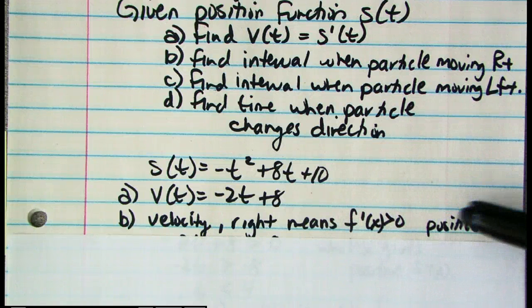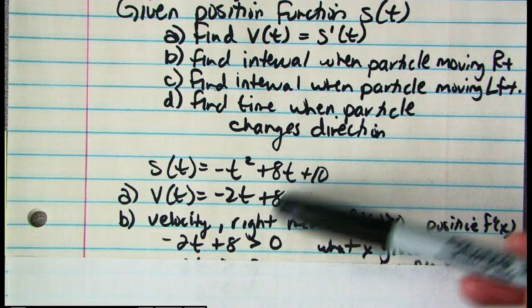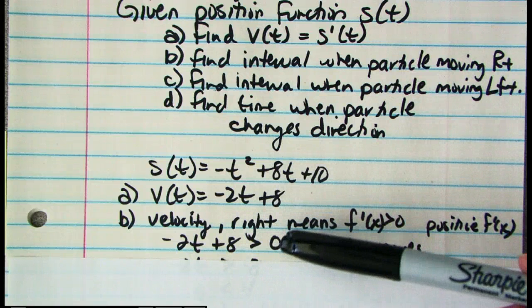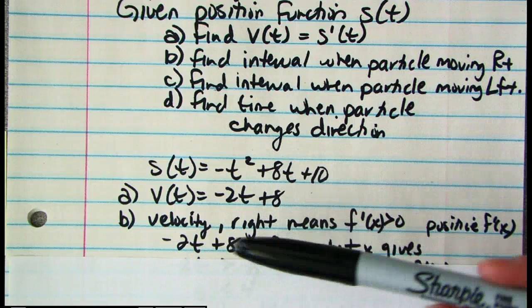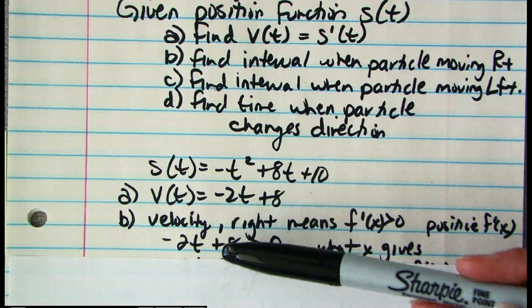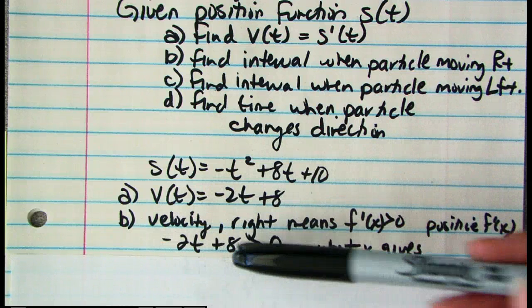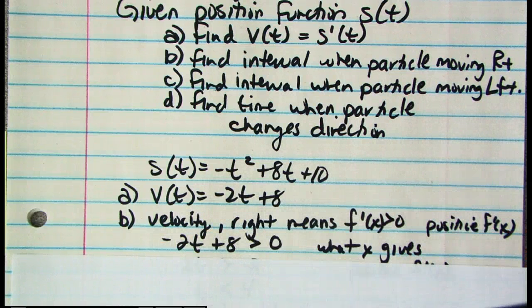I have positive f prime of x values. So let's just take my velocity function and have it be greater than 0. What I'm wondering is what times will this output, this slope, this velocity, be greater than 0?